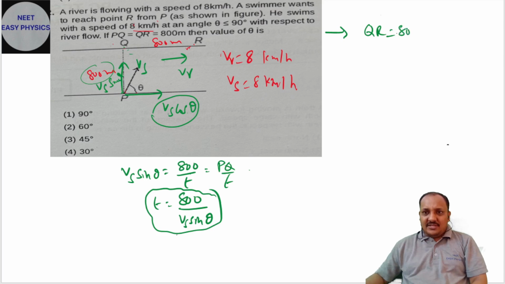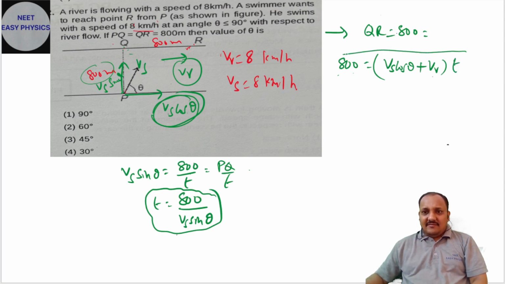QR how much here? 800. Now what is the velocity in horizontal direction? Both Vs cos theta and Vr are in the same direction. Therefore 800 is equal to Vs cos theta plus Vr, into time. Distance is velocity into time.